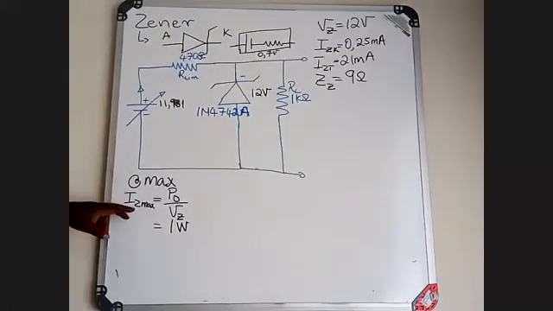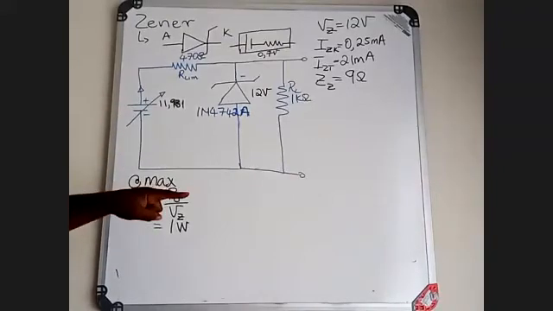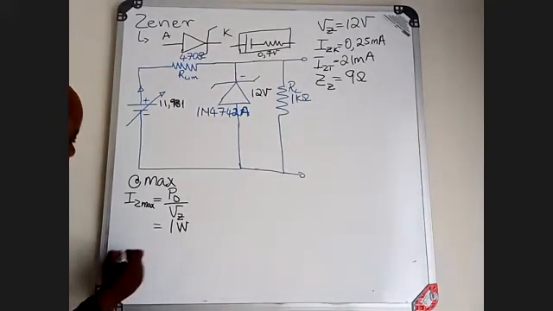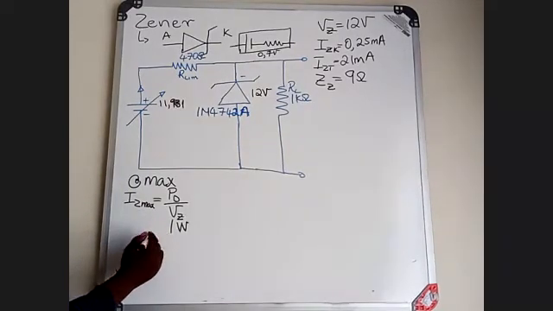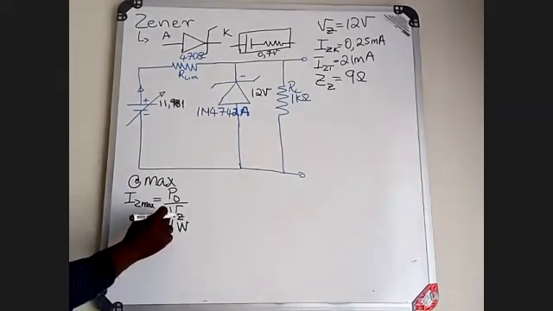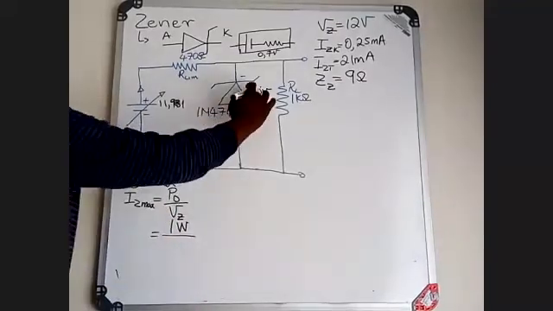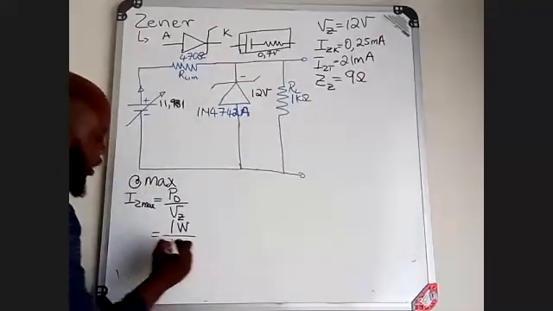If the Zener maximum current is not given, this is how you find it. With other data sheets, the Zener maximum current is given, but if it is not given, we can find it. Your Zener maximum current is going to be 1 watt divided by your Zener voltage, which is 12 volts.